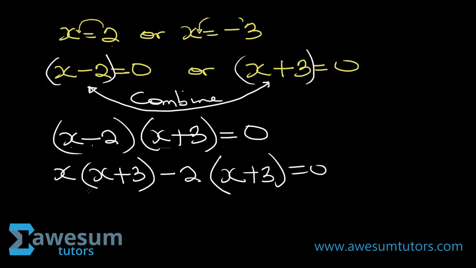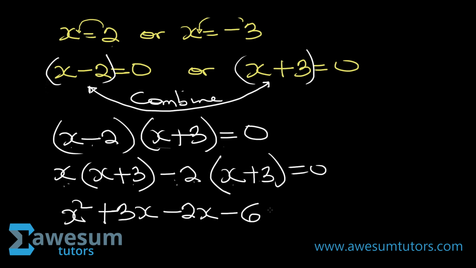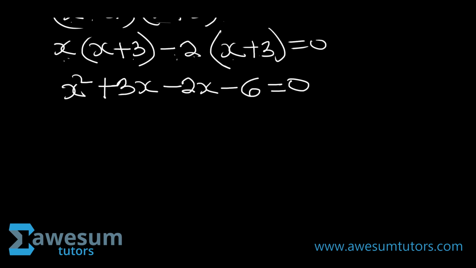Now let's do that. x times x, x squared; x times +3, +3x; -2 times x, -2x; negative times positive, -2 times 3 is -6, equals 0. Very good, guys.